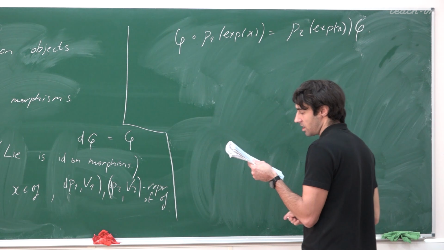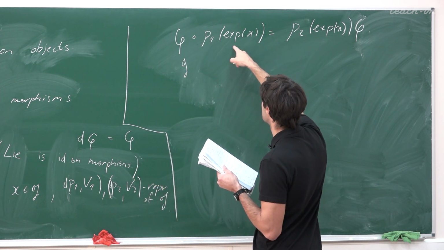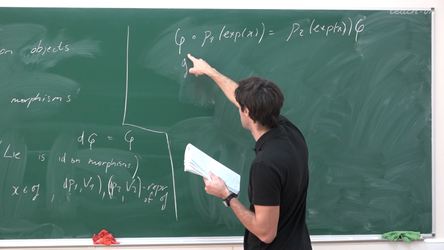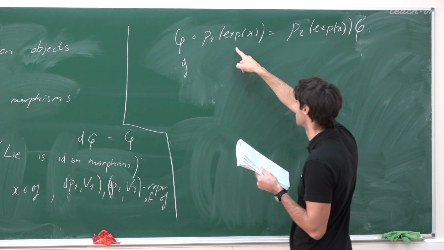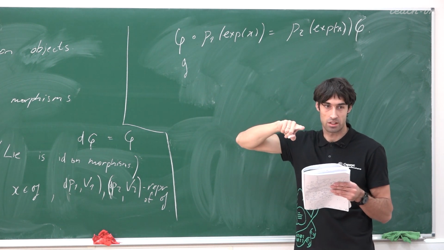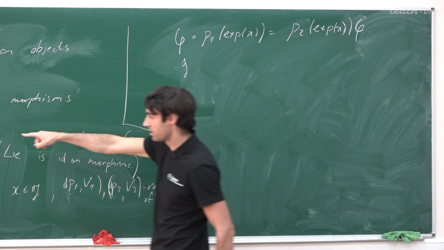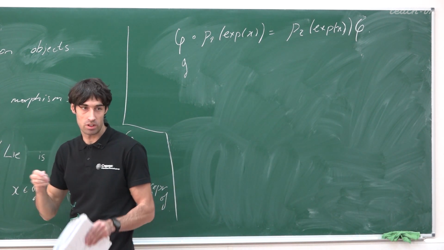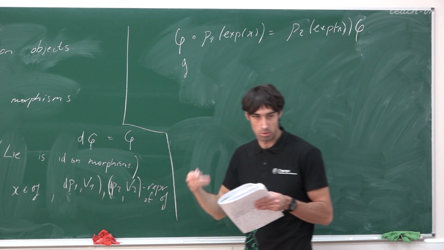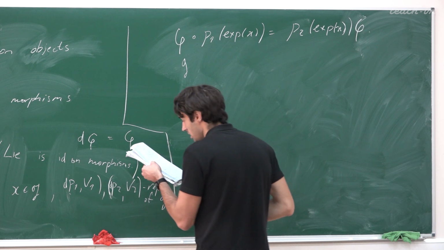So I proved that phi is a morphism of representations if I only consider elements which are close enough to the identity. But now I would like to use the fact that G is connected, so it is generated by a neighborhood of the identity, our usual trick.